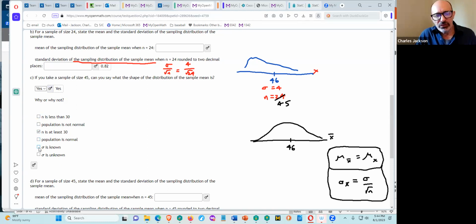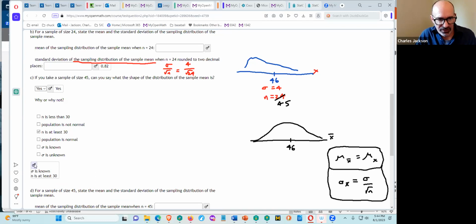And some would argue that that is part of the reason why we can say the shape of the sampling distribution of the sample mean is normal. Let's see if they can say that. Sigma is known. Okay, so not only can it be argued that way, but this question writer, evidently following Kozak, says yes.